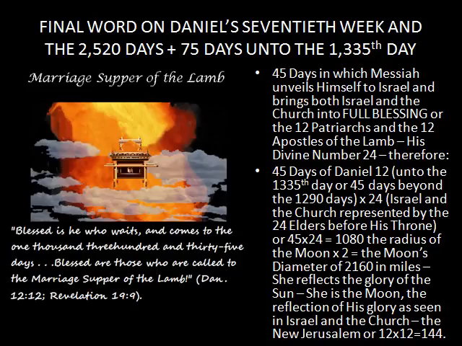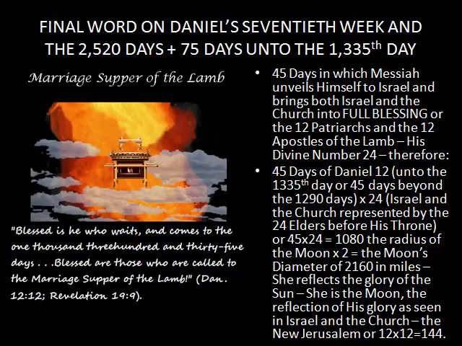Therefore, 45 days of Daniel chapter 12 unto the 1335th day, or 45 days beyond the 1290 days, times 24, Israel and the church, represented by the 24 elders before his throne, or 45 days times 24 is equal to 1080, the radius of the moon, times 2, the moon's diameter of 2160 in miles.